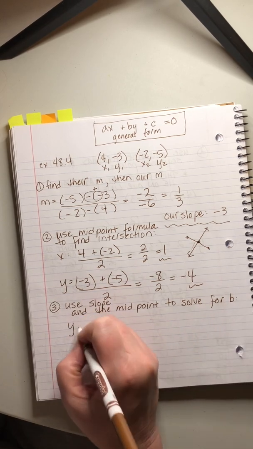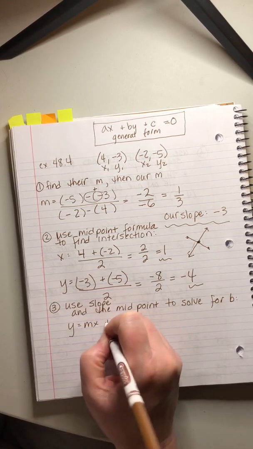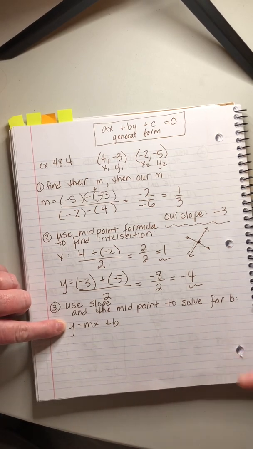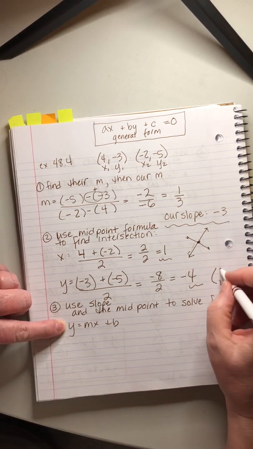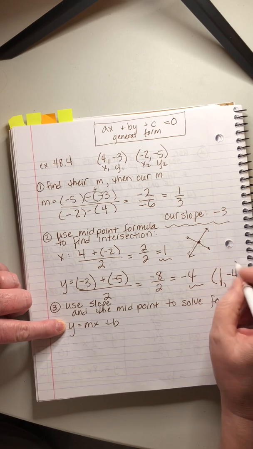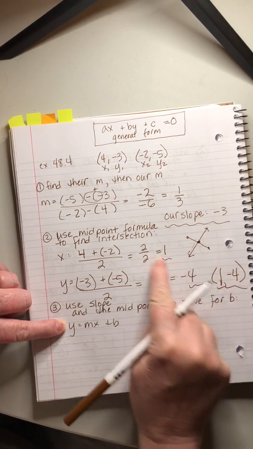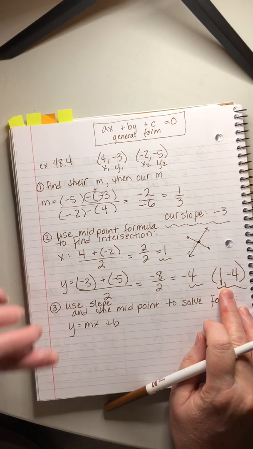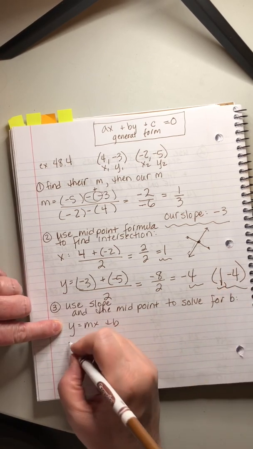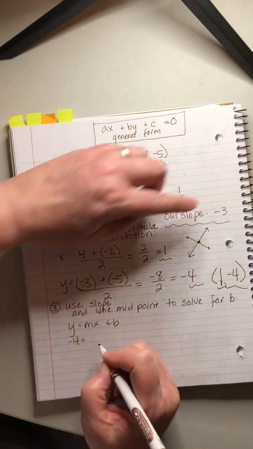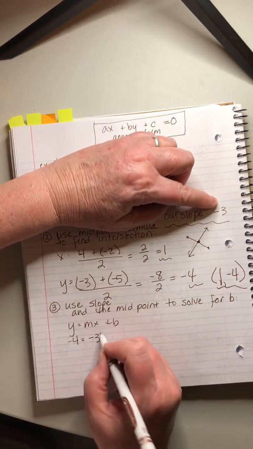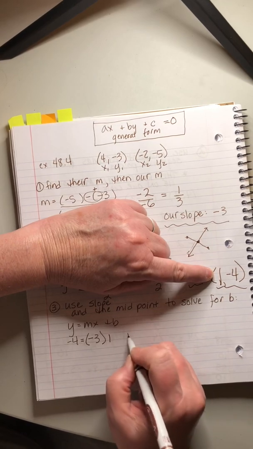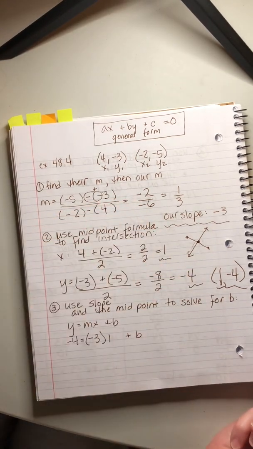And we know we're using y equals mx plus b. Let me write it like this. This way I get confused with which is x and which is y, but when they're written this way, I'm 100%. y is minus 4 equals our slope, minus 3, times x, which is 1, plus b.